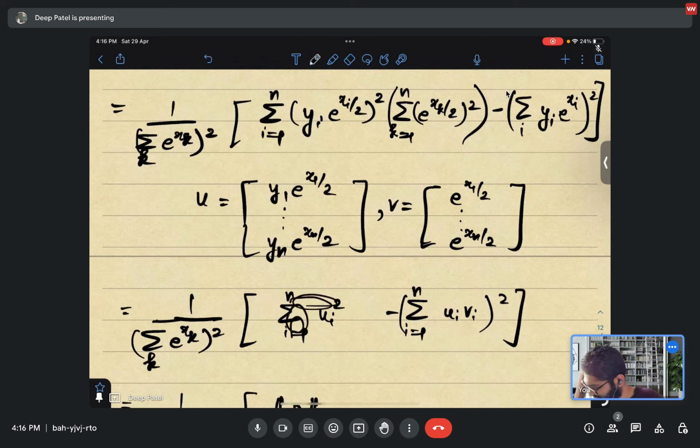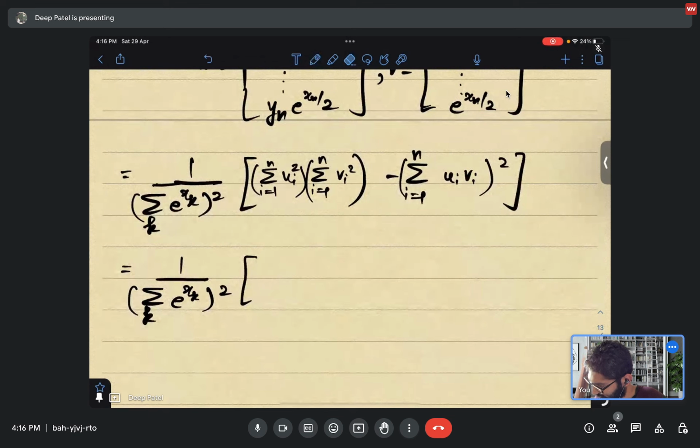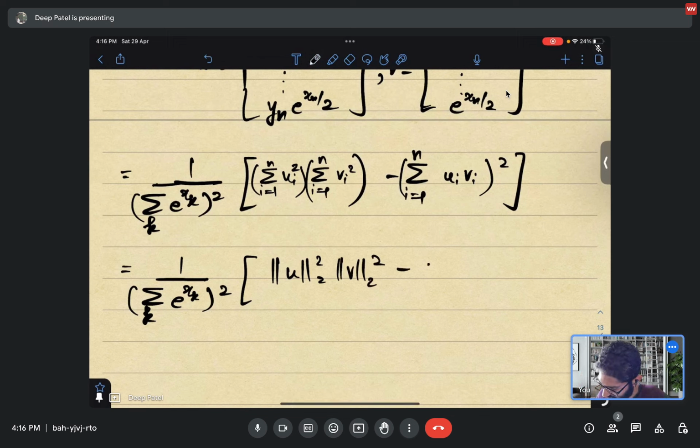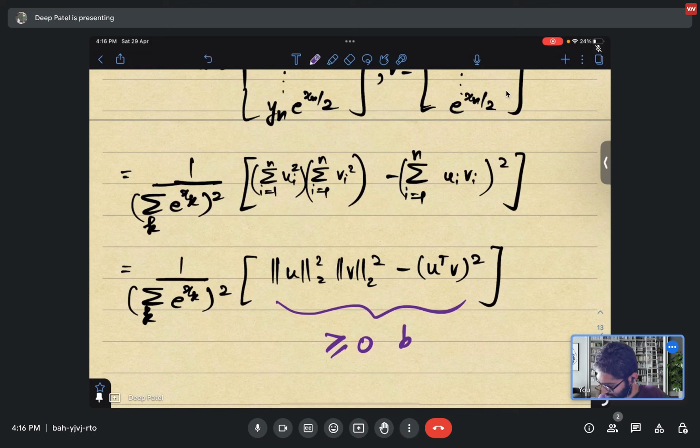I meant to write two summations. So what is this? Cauchy-Schwarz, right?